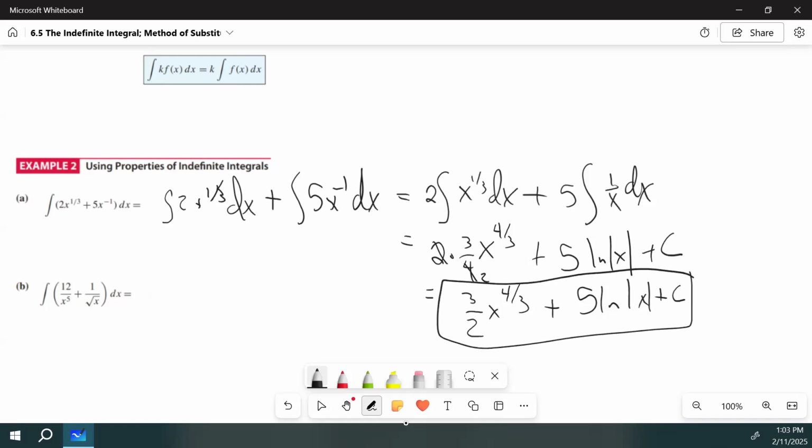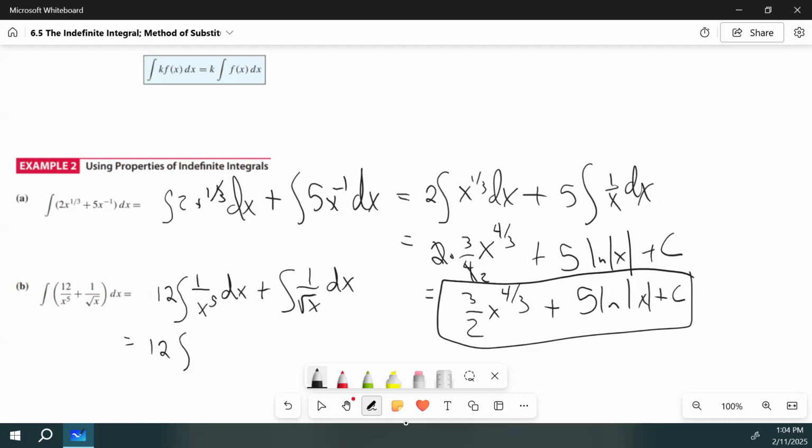Okay. The next one, I'm going to do a little bit quicker. We can break this up into two integrals and factor out the constant of 12 from the first one. So this would be 1 over x to the 5th dx plus the integral of 1 over square root x dx. Now I'm going to rewrite both of those integrands.